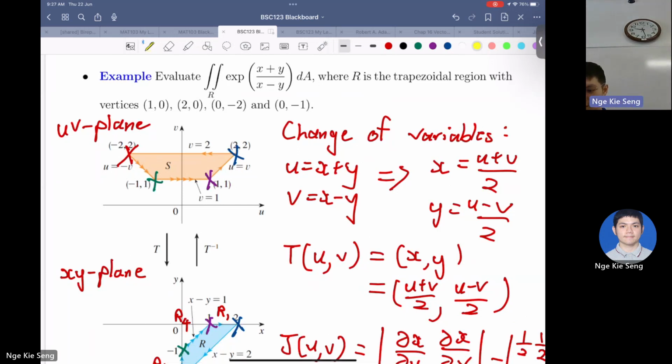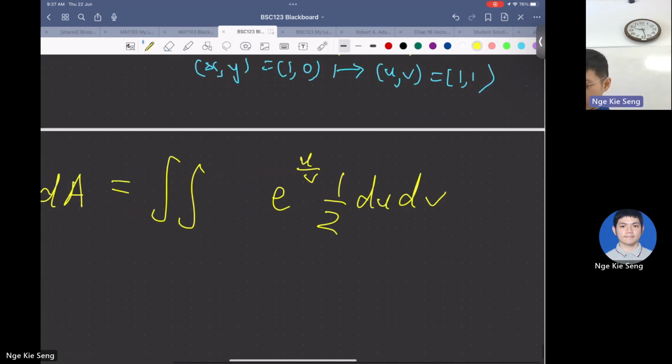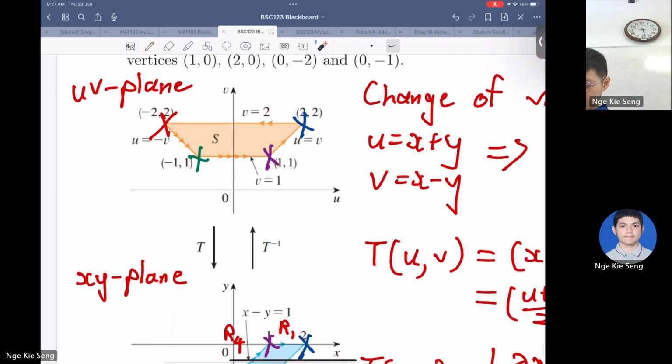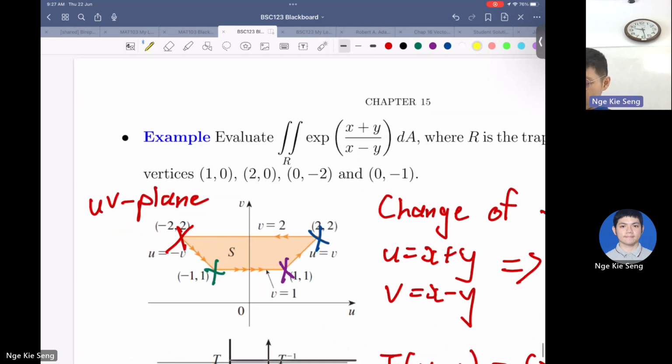Okay. So I pick u and v. So my direction is u and v. So I need to fix my v first and then fix my u. So my v is going from where to where? My v is going from 1 to 2. How about my u? For every v, what happened to my u?